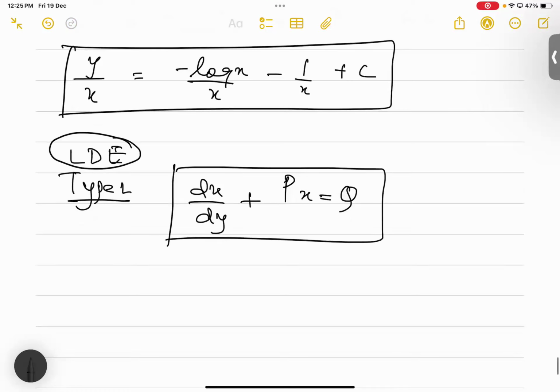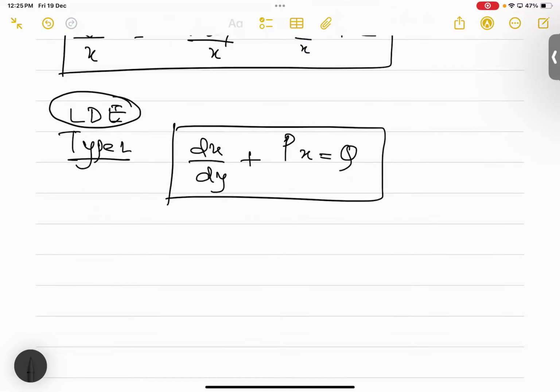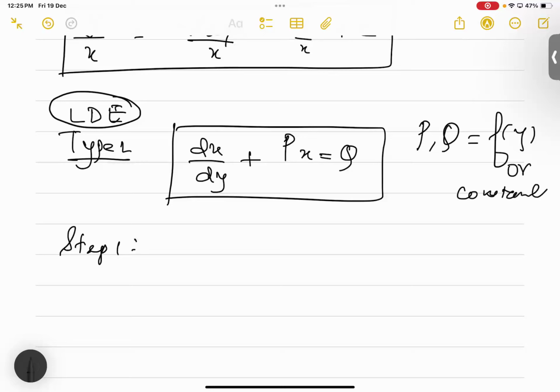This is the type. Exactly the opposite of type 1. Step number 1. Okay, here P and Q are functions of y or constants.